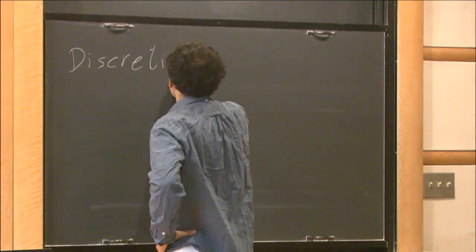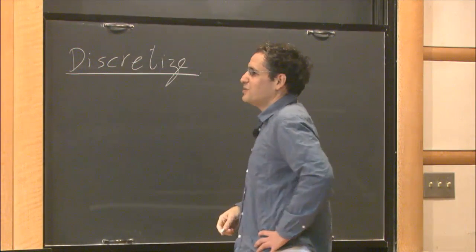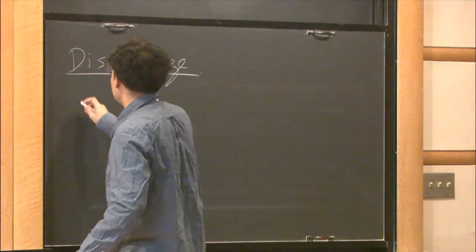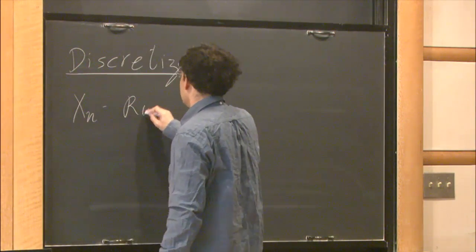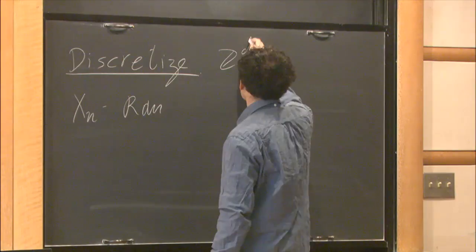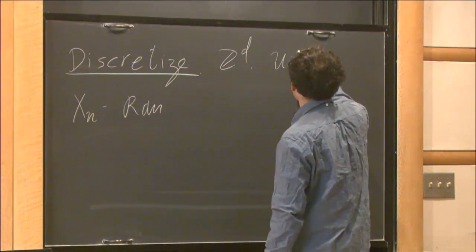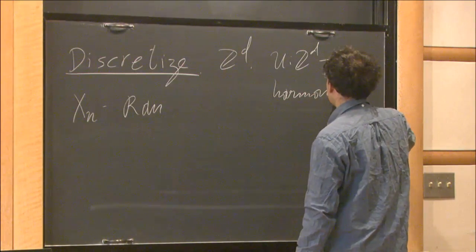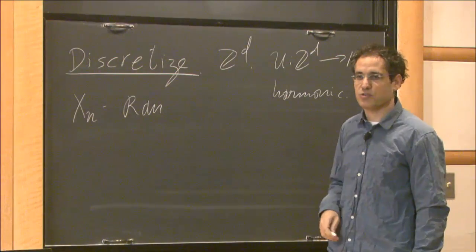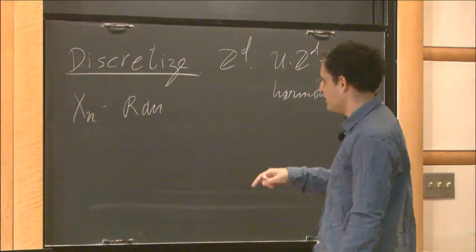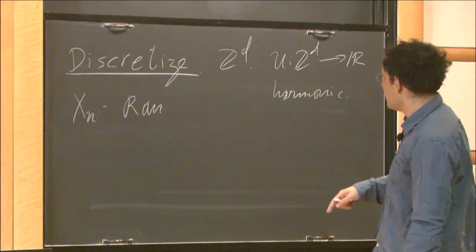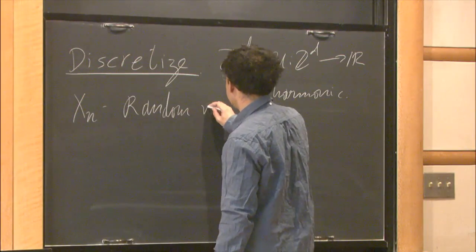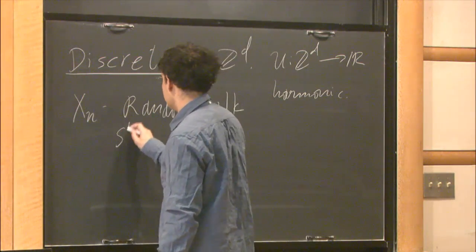Again, we make our life easier by considering the random walk. So I'm now on Z^d, and u is a harmonic function, meaning that its value at a vertex is the average of its values on the neighbors, and X_n is a random walk starting from 0.